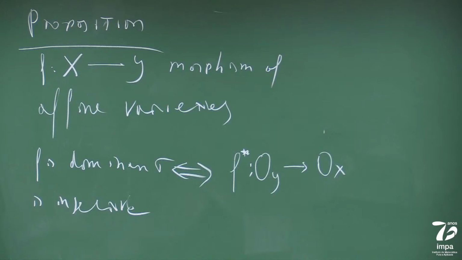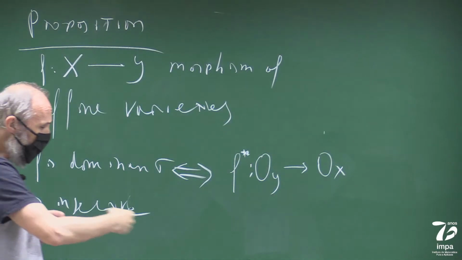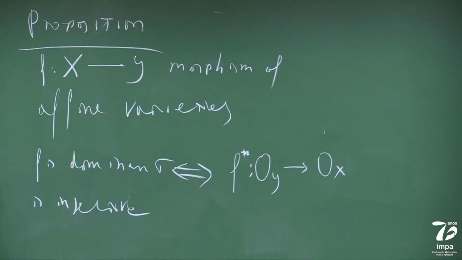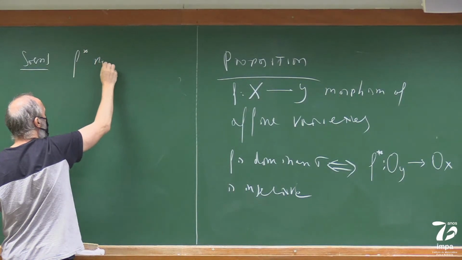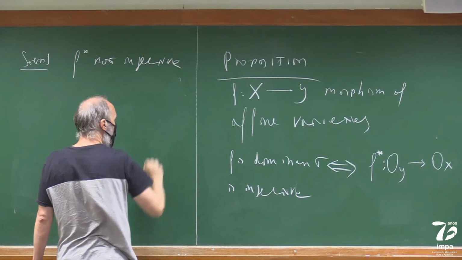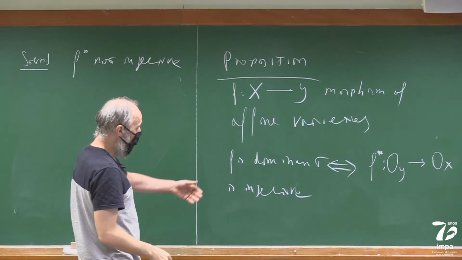So let's prove it. It's almost trivial, in fact. We need to do it in both directions. Step 1: suppose that f star is not injective. You need to deduce that f is not dominant.